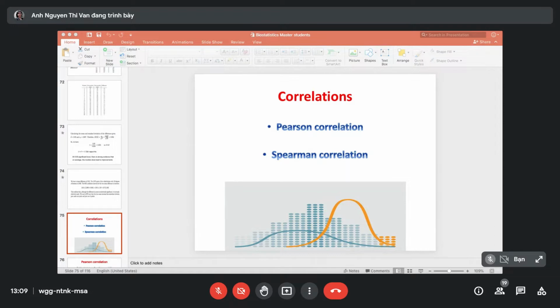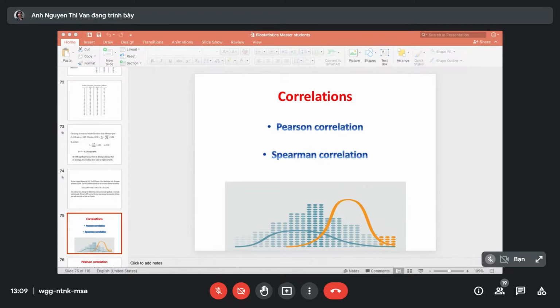First, the variable must be continuous, and secondly, it must be normally distributed. Okay, the variables need to follow the normal distribution.